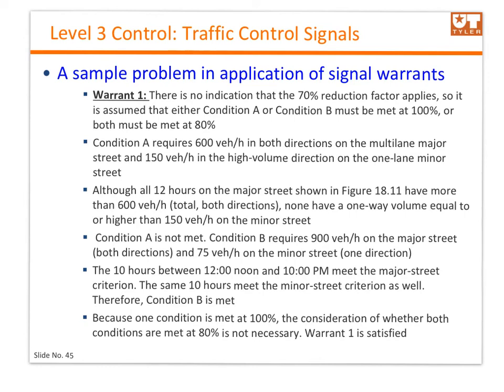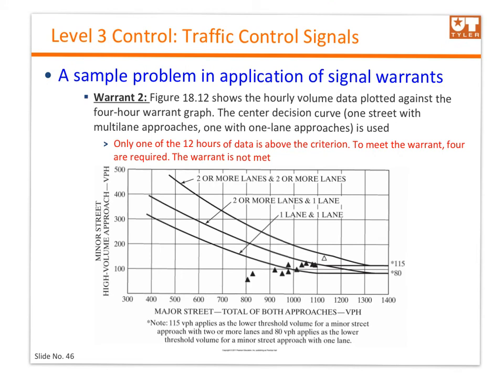Let's go and see now other warrants and if they are met or not. Warrant 2, now we need to use figure 18.12. If you plot all the total volumes in the major versus the minor street, figure 18.12 shows the hourly volume data plotted against the 4-hour warrant graph.